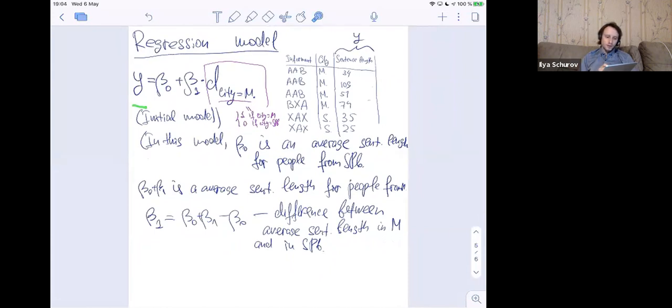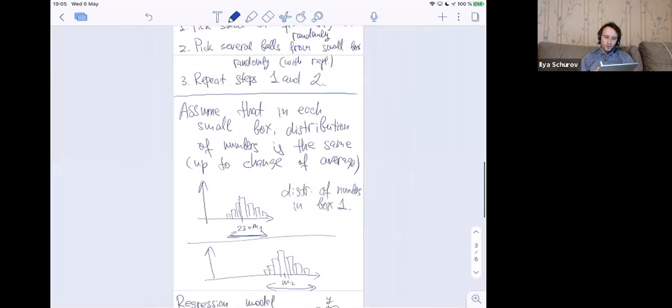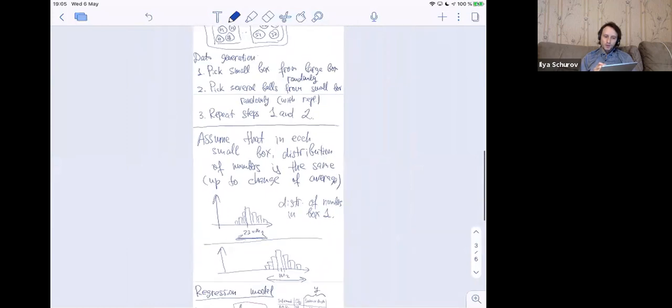Now this model actually ignores this information about the informant. So in this model, we have the very same problem that we discussed previously when we discussed applying a t-test to these numbers. And to avoid this problem, we have to consider a different regression model, one that corresponds to this two-step data generation procedure.